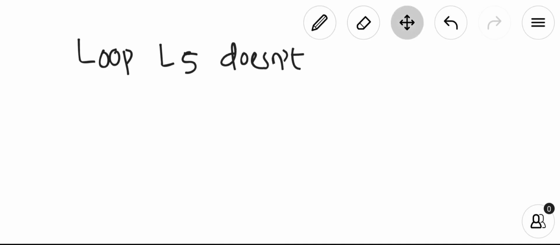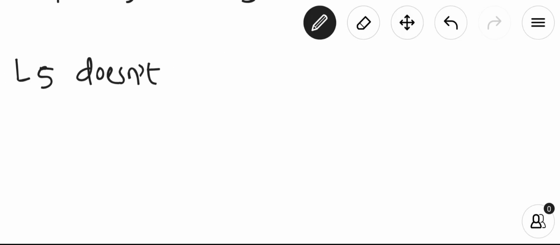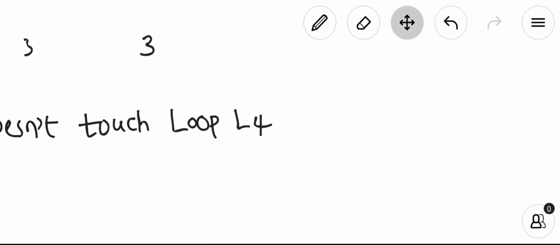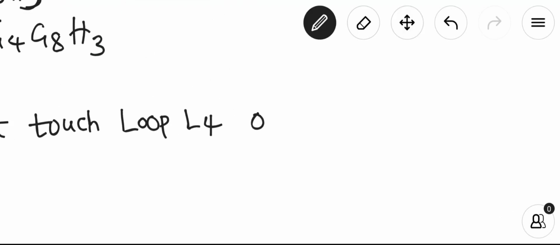Loop L5 doesn't touch... you might not understand it now, but in that video I'm planning to make, you will definitely understand it. L4, and it doesn't also touch loop L7.